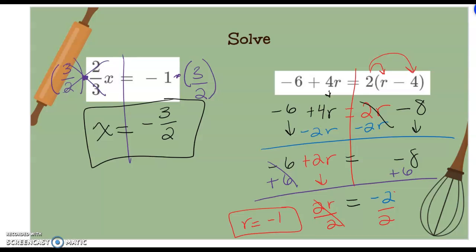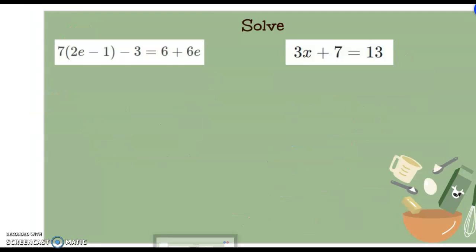Let's try a little bit more challenging now. Just a few more numbers here. So first thing I need to do, the left side I do need to distribute. So 7 times 2 is 14, and the letter e. 7 times a negative 1, negative times a positive is a negative, which is going to give me negative 7.